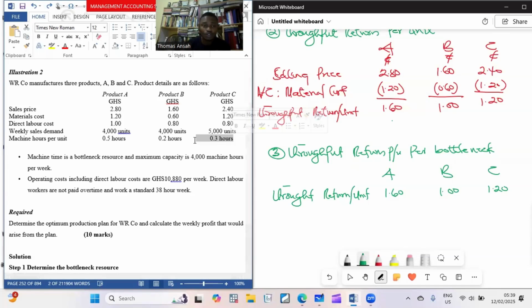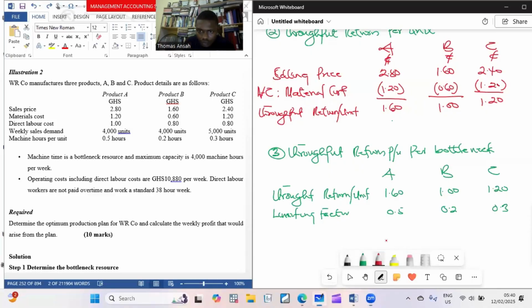So what are you going to do? Given what you have here, the limiting factor or the bottleneck for this one is 0.5, this one is 0.2 and this one is 0.3. So you are going to do per the limiting factor. After you've stated it like this, you go through your division.